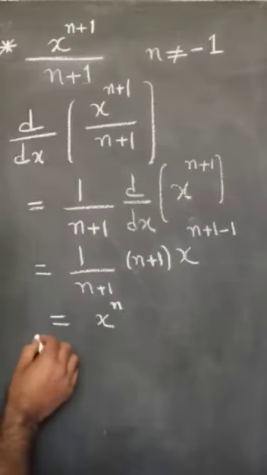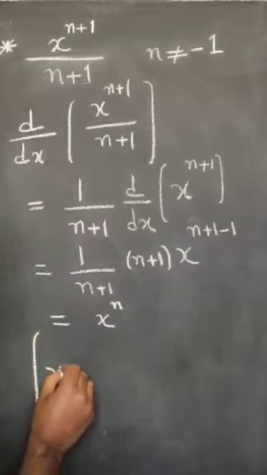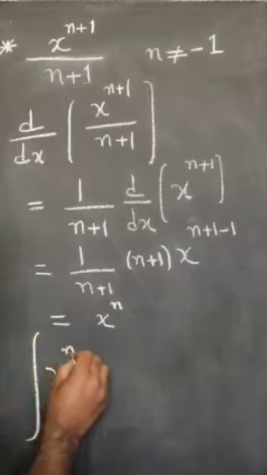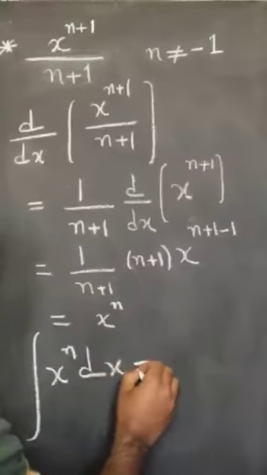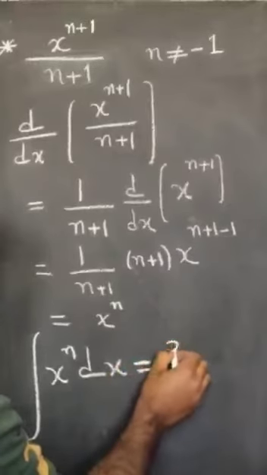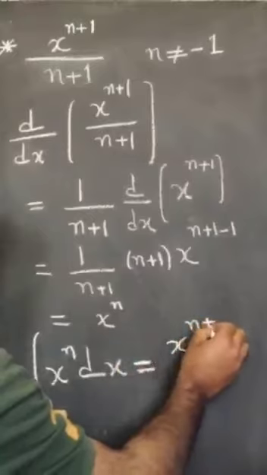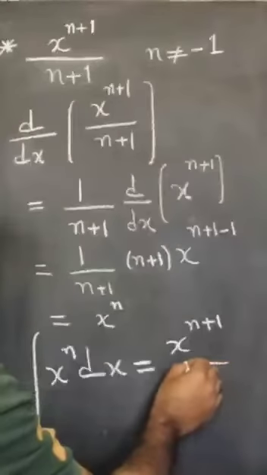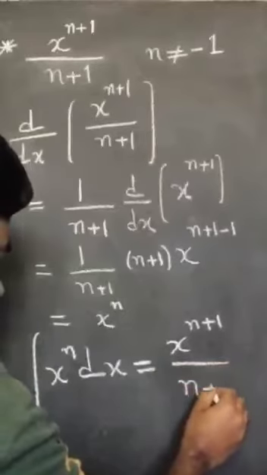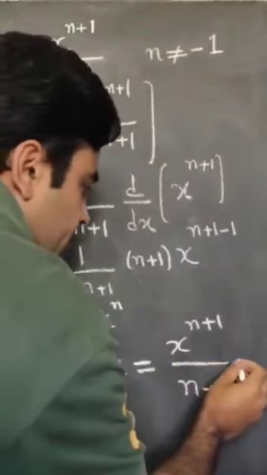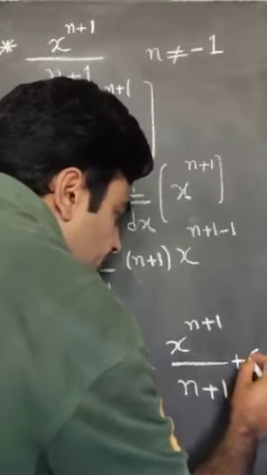So we can write the antiderivative or integral of x raised to the power n is equal to x raised to the power n plus 1 divided by n plus 1, and we have to write here the constant of integration c.